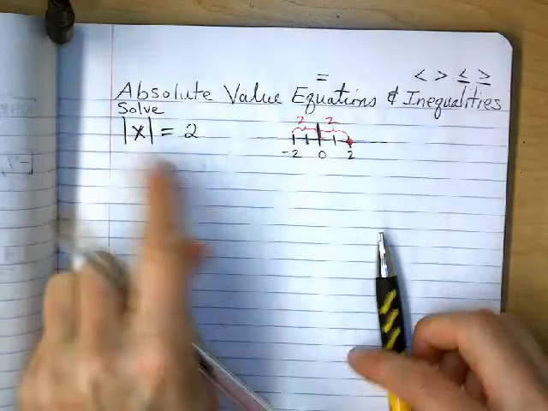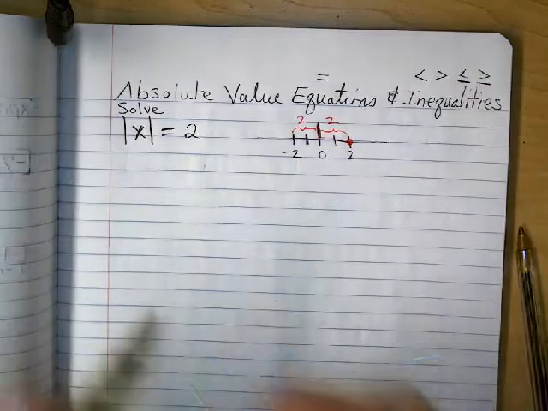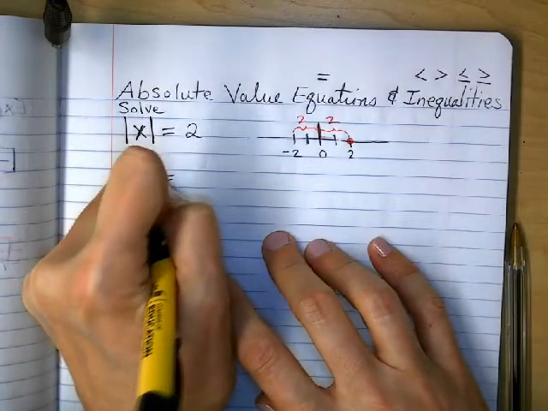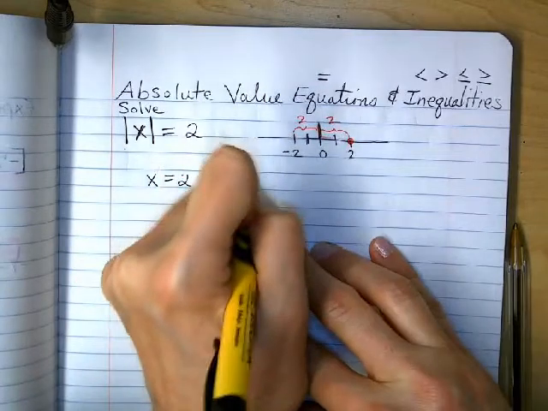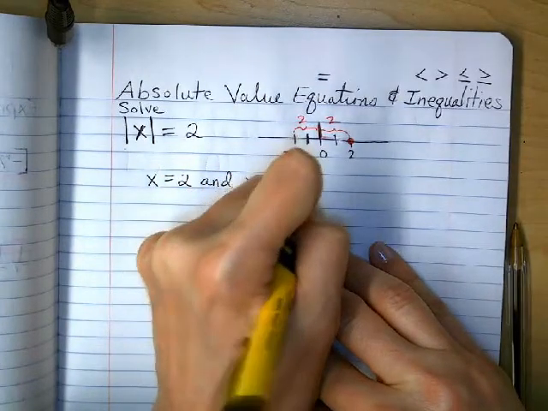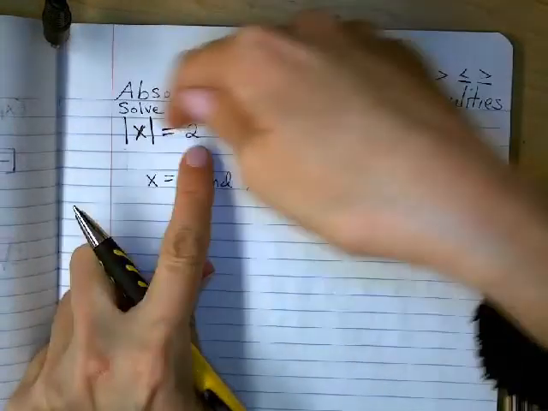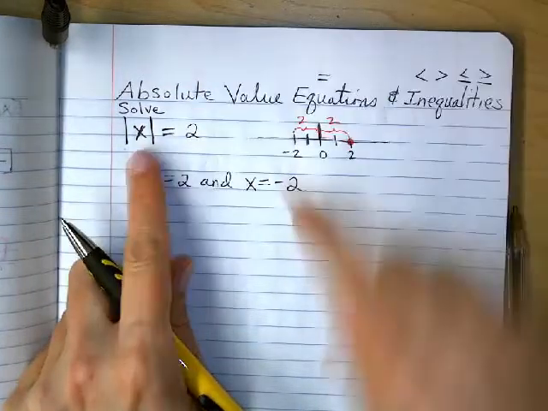So when they're asking what's the absolute value of x, what's x going to be, absolute value of x equals 2, the answer is 2 and negative 2. X equals 2 and x equals negative 2. Because you can take absolute value of 2, and that's 2, and absolute value of negative 2 is also 2.